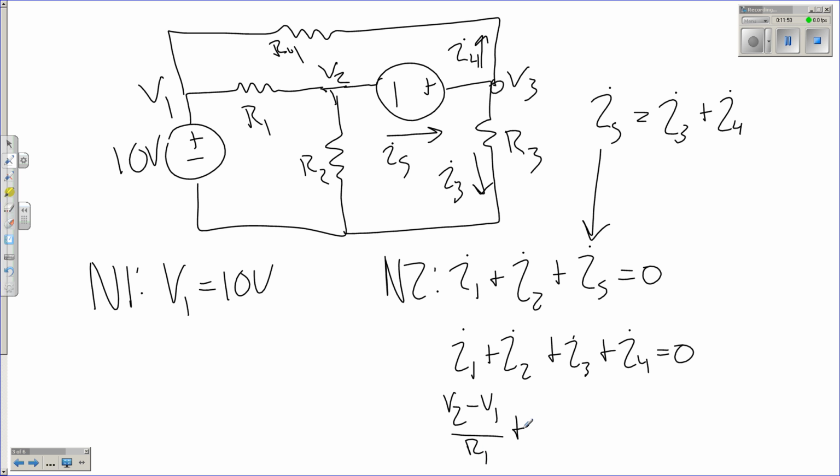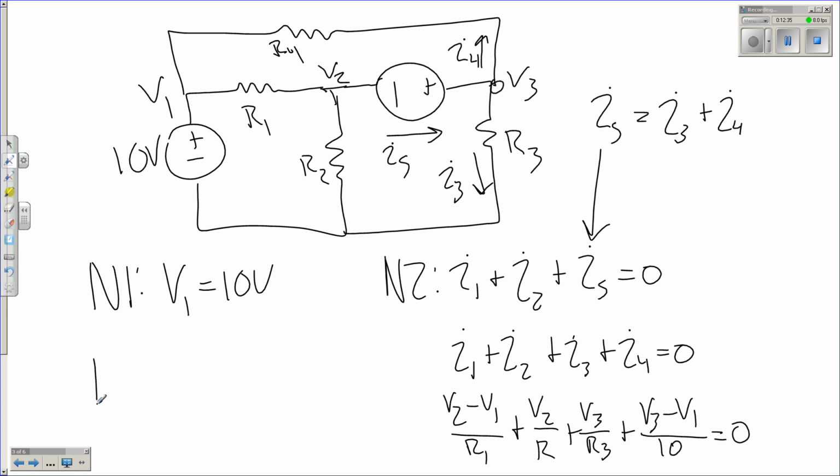I2 is just going to be V2 over R2. I3 then is V3 over R3. And I4, V3 minus V1 all over 10 equals 0. Okay, so now we've got an equation in terms of V2, V1, and V3.